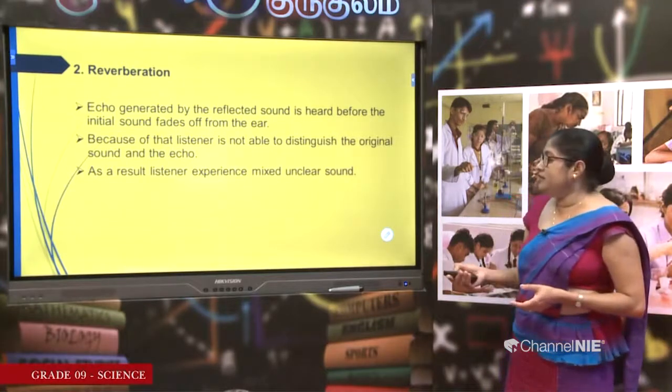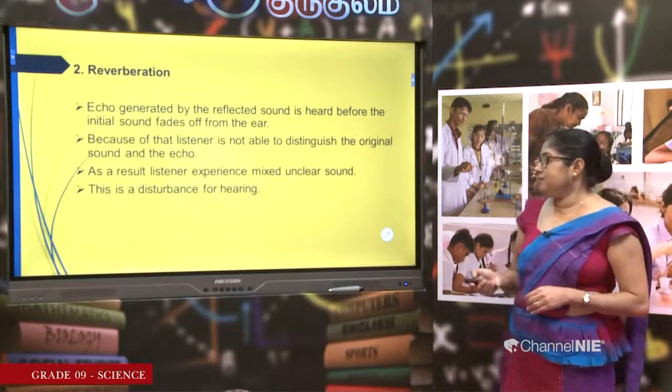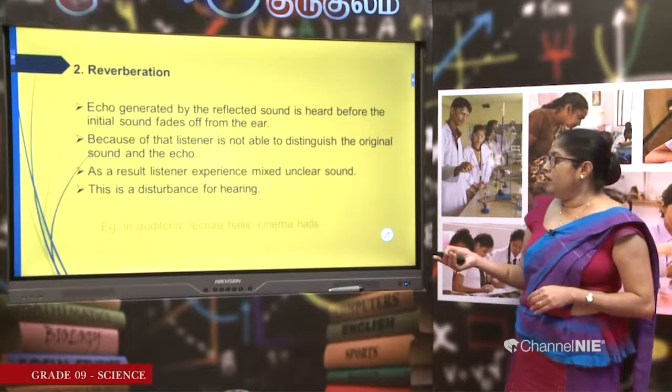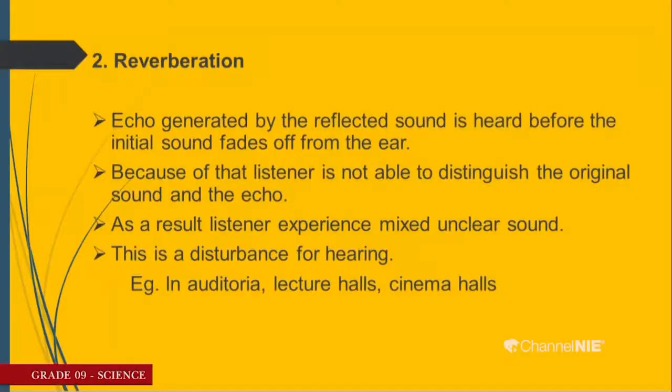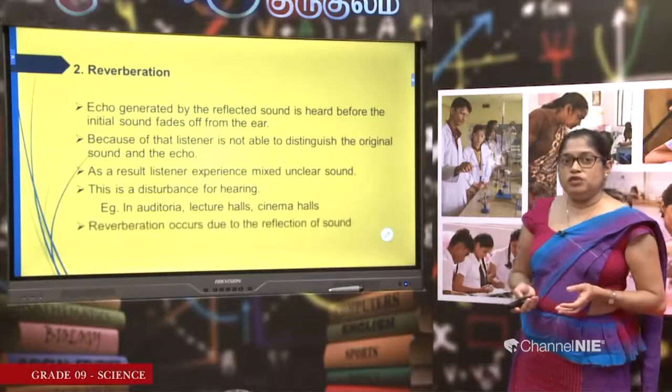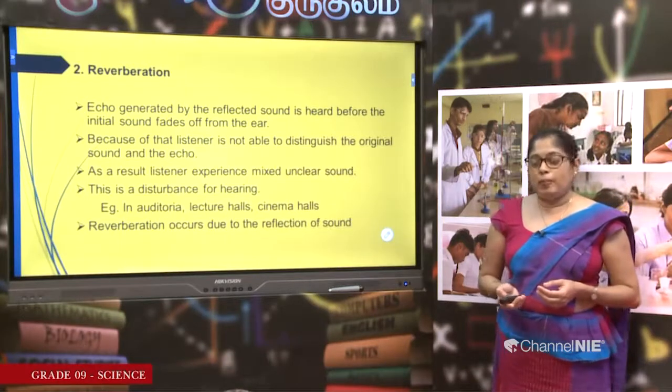This is a real disturbance for hearing. This condition is observed in auditoria, lecture halls and cinema halls. As I told you earlier, reverberation is also due to the reflection of sound.